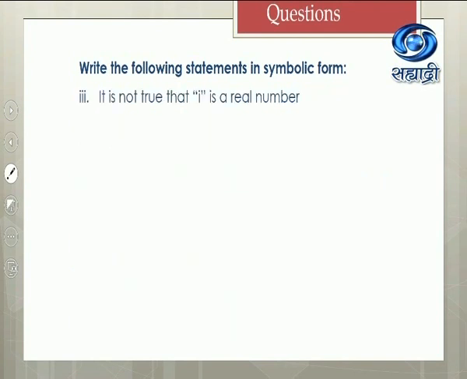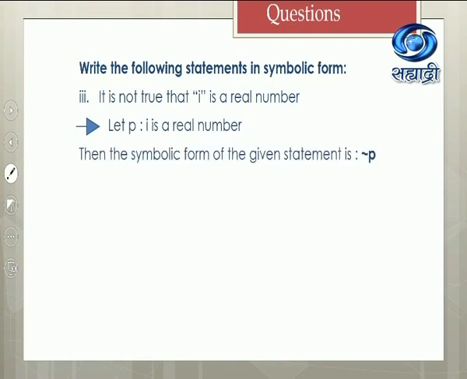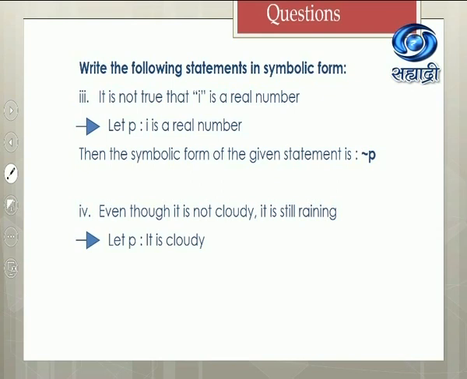Write the following statements in symbolic form. It is not true that i is a real number. Here the statement P can be denoted as i is a real number. So the symbolic form is negation P, because it is not true that is given in the beginning. Now next example, even though it is not cloudy, it is still raining. Your P statement is it is cloudy.